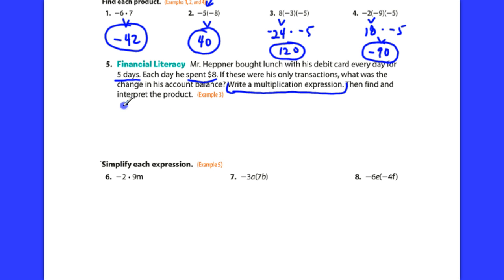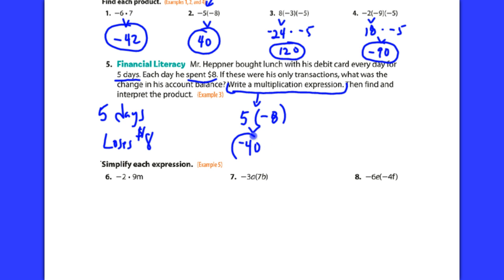Okay, this is asking you to do something right here, so you need to do that. All right, so here's what we know. 5 days, he loses $8. Or maybe spends would be a better way to say that. So he takes away $8 5 days in a row. So the multiplication expression would be 5 because it's 5 days times negative 8 because he lost $8 5 days in a row. So if we multiply 5 times negative 8, the overall amount that he spends was negative $40.